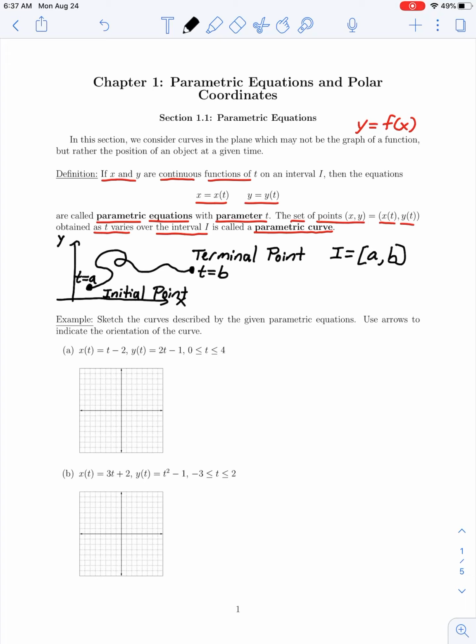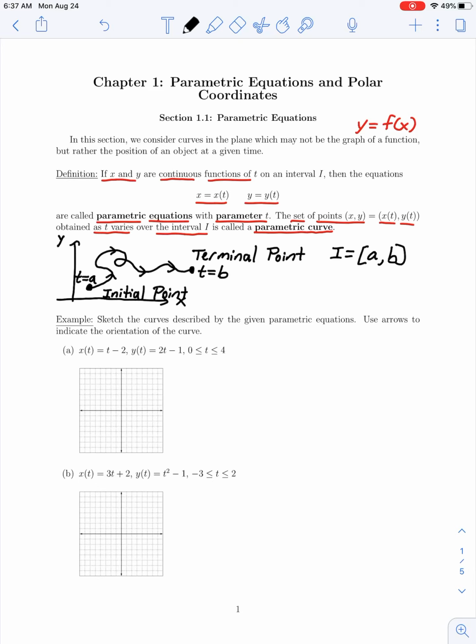And when we're sketching a parametric curve, we might include little arrows along the curve, which indicate the direction of motion along this curve, or what we would call the orientation of our curve. Are we moving from left to right, right to left, or in which direction as t is increasing?